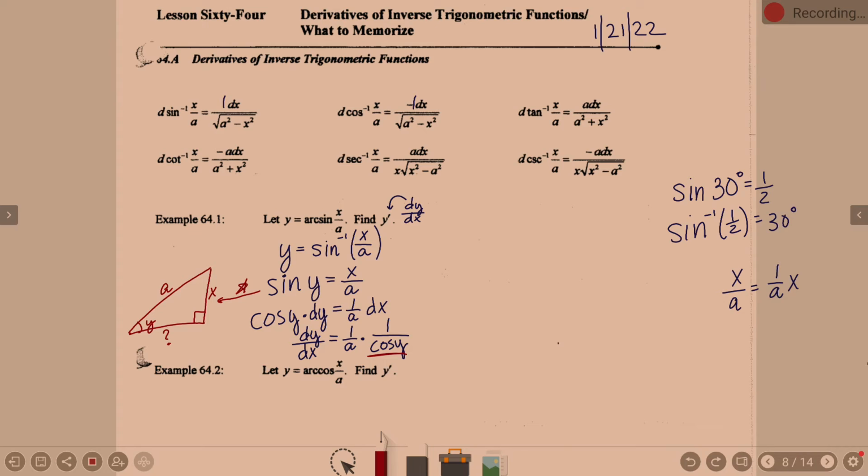So, Pythagorean theorem, I'm going to call this side b for the moment. And our Pythagorean theorem would say b squared plus x squared is going to be equal to hypotenuse squared, a squared.